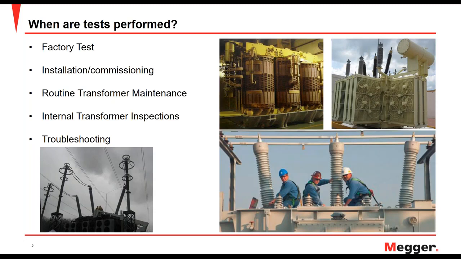So winding resistance and excitation tests are performed on a routine basis for transformer maintenance. And then if you have internal inspections or any kind of troubleshooting because of a transformer fault, or if a transformer was involved in clearing a fault, you would want to perform these tests to determine the status of your transformer.